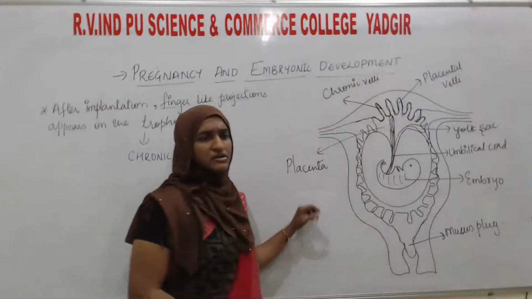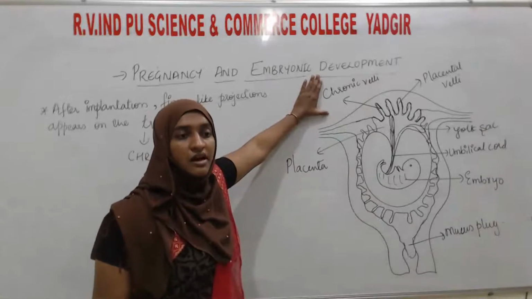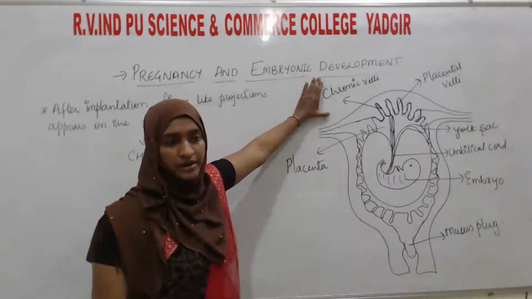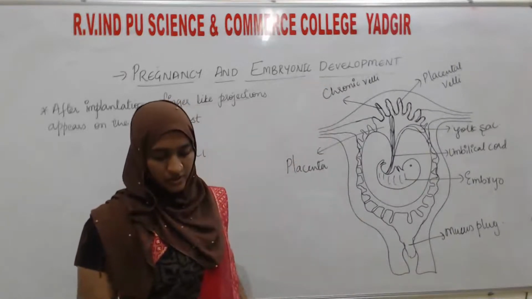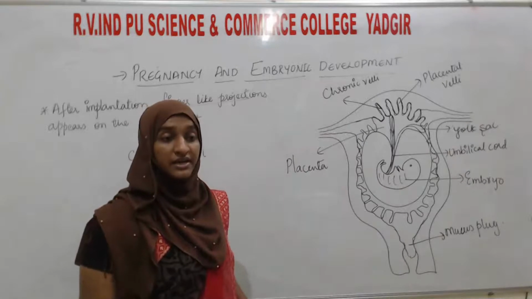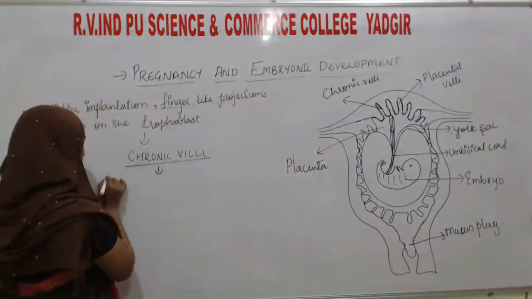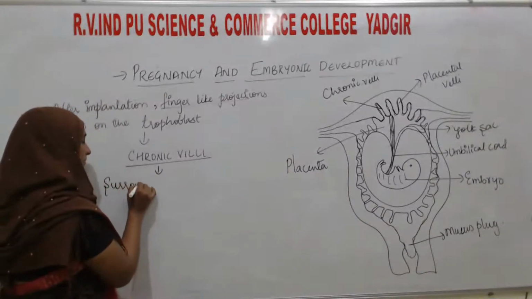This chorionic villi is surrounded by the uterine tissues and the maternal blood. What is it surrounded by?